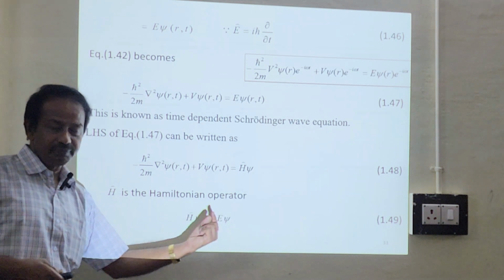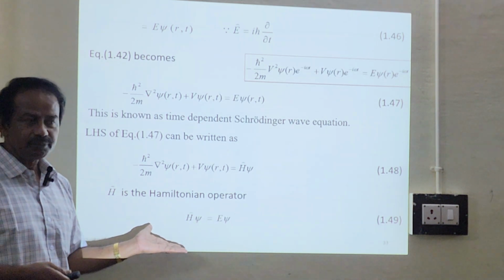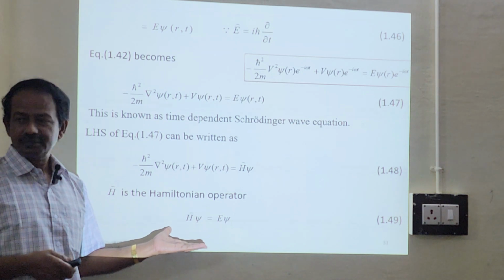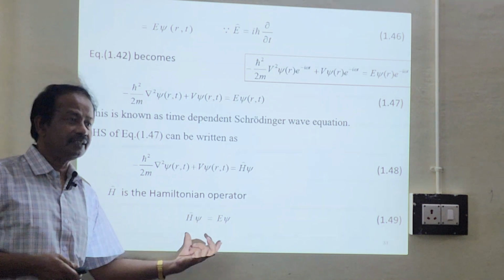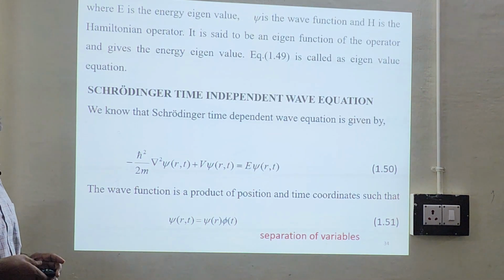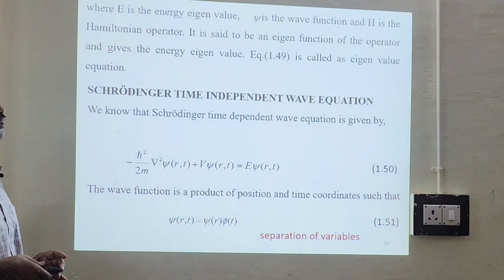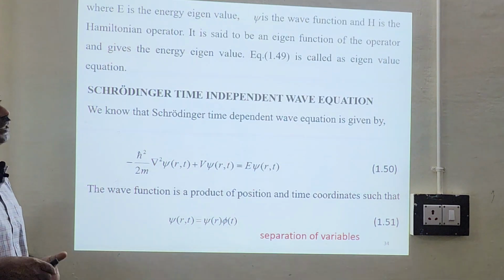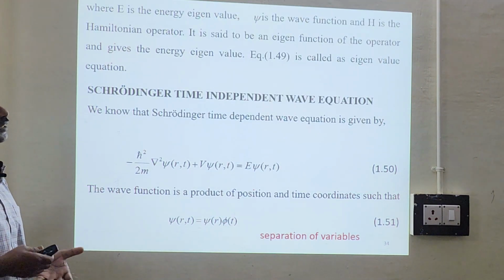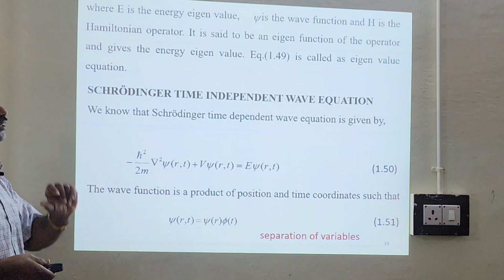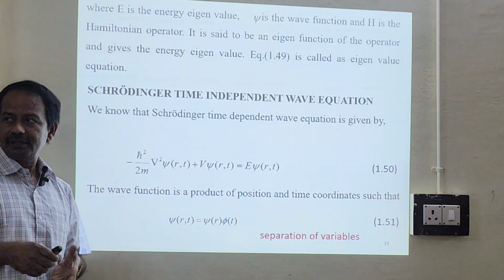If you get the same wave function back, this is nothing but an eigen function. So H psi equal to E psi is the eigenvalue equation. Very, very important. Where E is the energy eigenvalue, psi is the wave function, and H is the Hamiltonian operator. It is said to be an eigen function of the operator and gives us the energy eigenvalue. So is it okay?